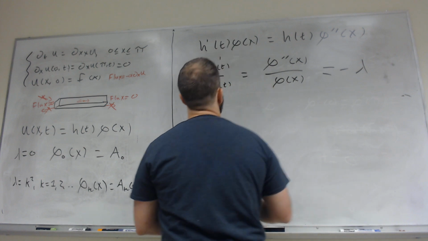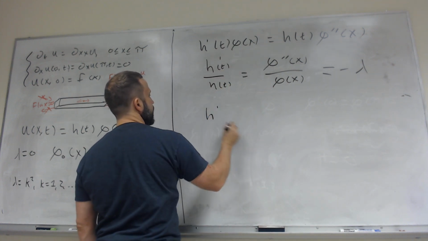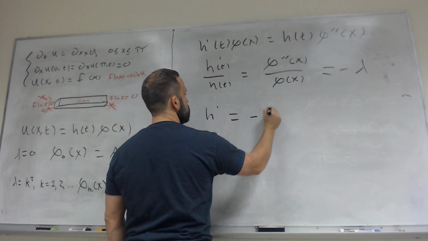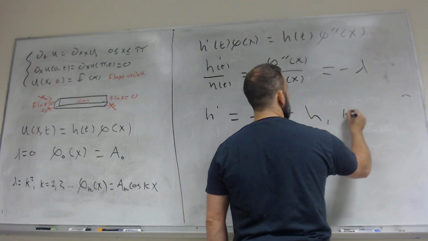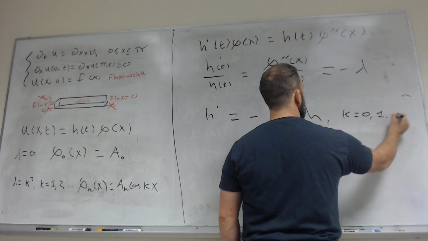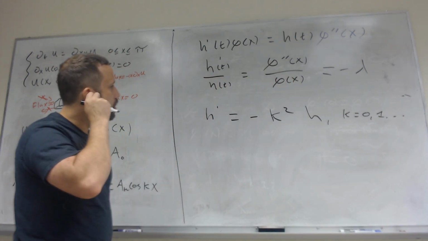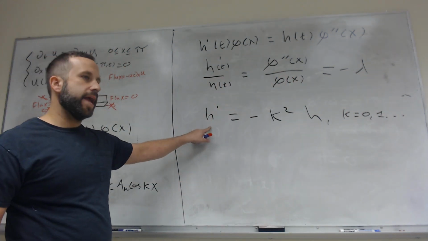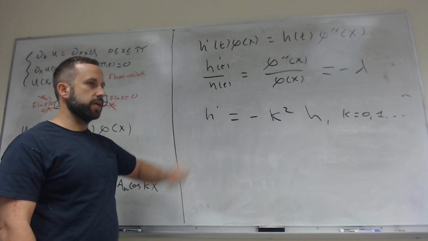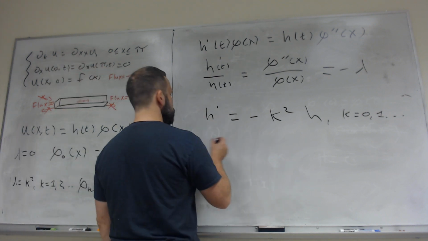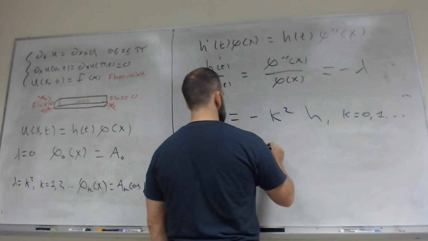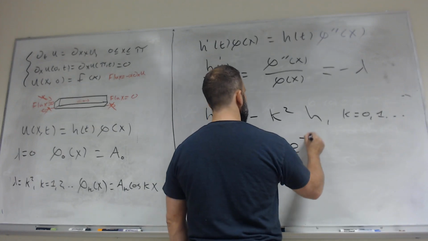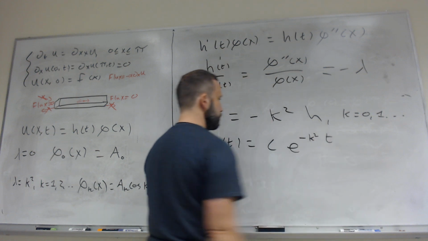If I look at the h equation, I have h prime is equal to minus k squared h for k equals 0, 1, and so on and so forth. Okay, if k is equal to 0, it's h prime is equal to 0, which means h is a constant. If k is bigger than 0, we're going to get h of t is equal to a constant, which I'll just call c for now, e to the minus k squared t.